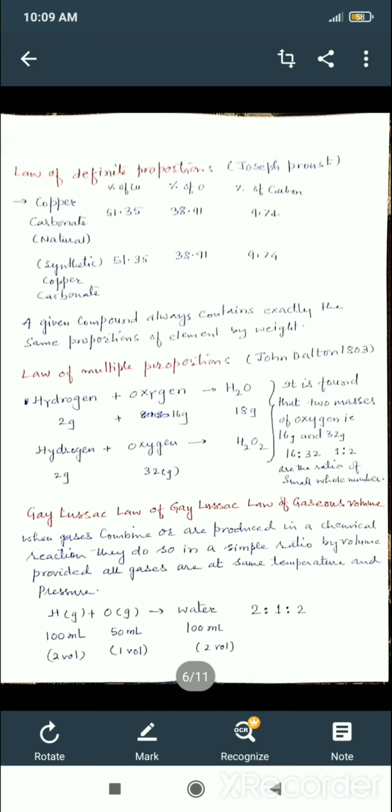So the ratio of the masses of oxygen is a simple whole number ratio, 1:2. It is a multiple proportion.